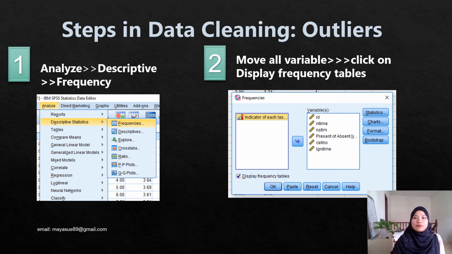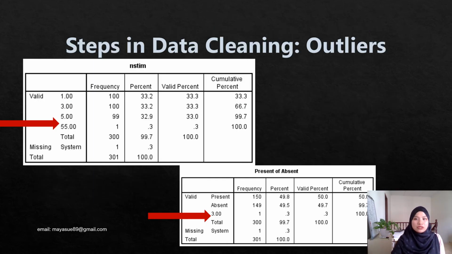This is very easy, just to display. Here, for example, 1, 3, and then suddenly there is 55.